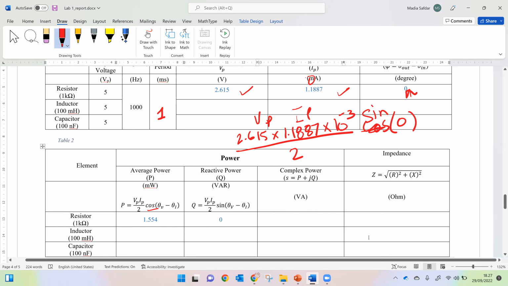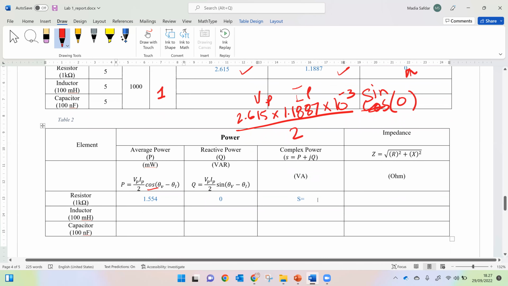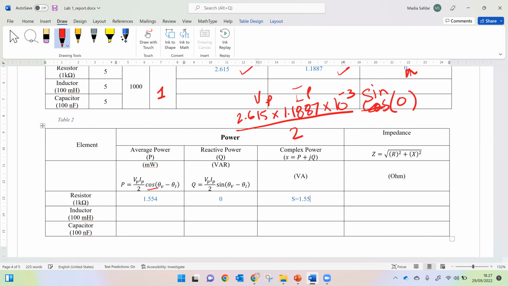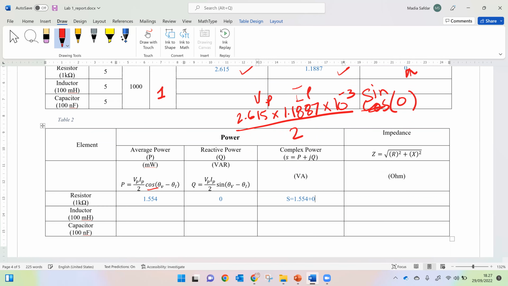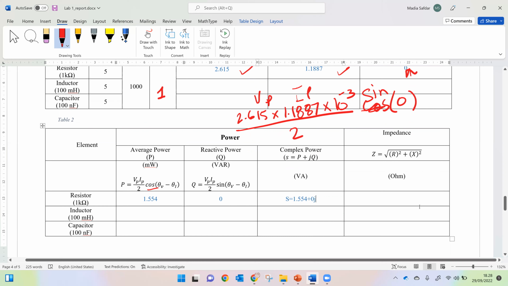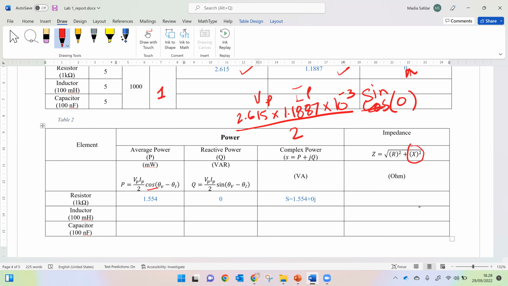Then complex power, S is equals to P plus JQ. It's capital S equals to P. P is here 1.554 plus 0J. Okay, then impedance. So for the impedance we have formula, as we don't have any reactance like capacitor and inductor.